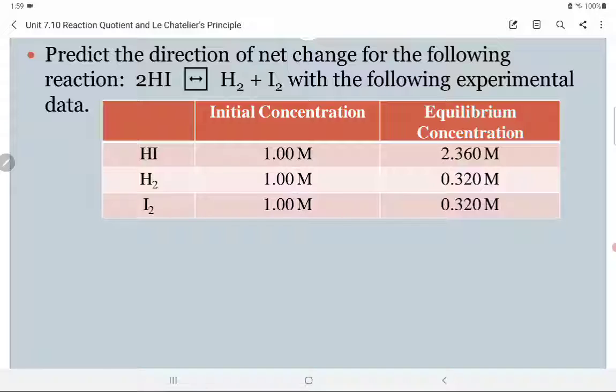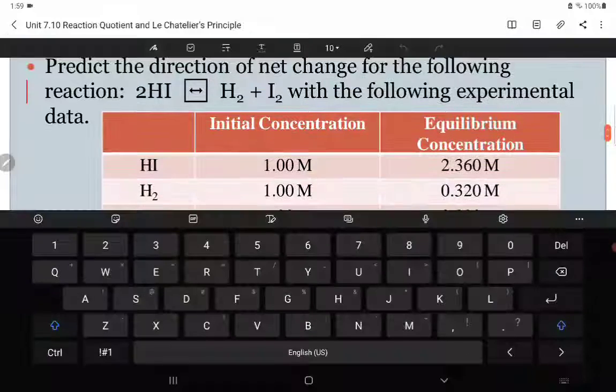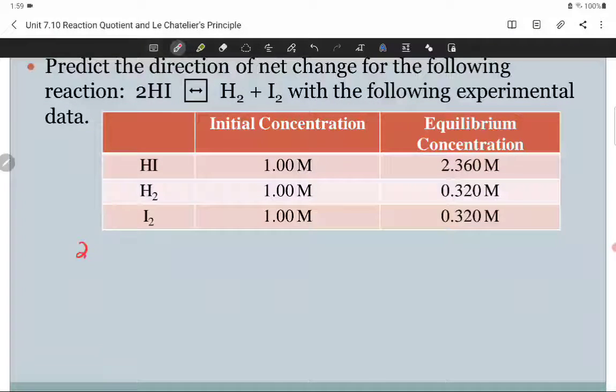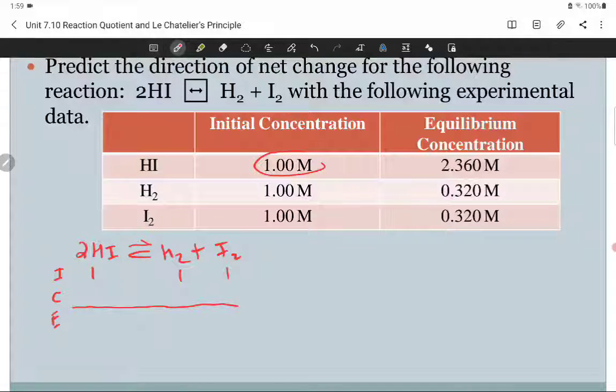Okay, so predict the direction of the net change. So if we looked at an ICE table, and it says we have 1 molar concentrations of everything, and it says that at equilibrium, you're going to have 2.36 and 0.32 and 0.32.